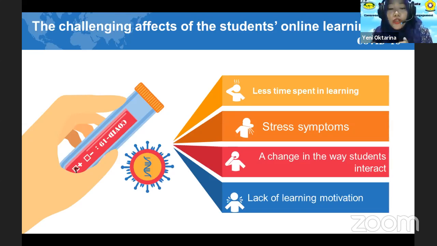Before, they always went maybe to the mall, hanging out, and now they can't do anything. They just stay in the house, just seeing their laptop and doing their assignments. And the last is the loss of learning motivation. Is this a challenge for the teacher to increase the students' motivation?